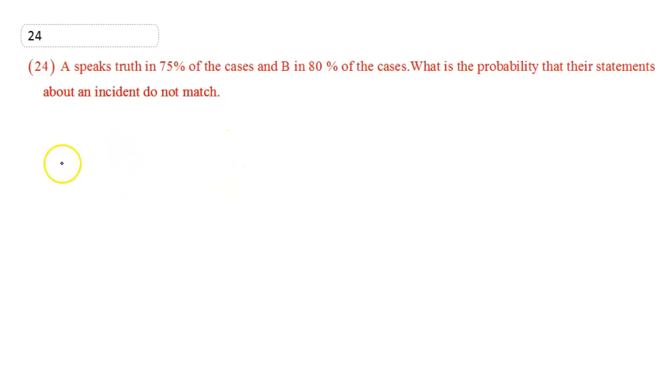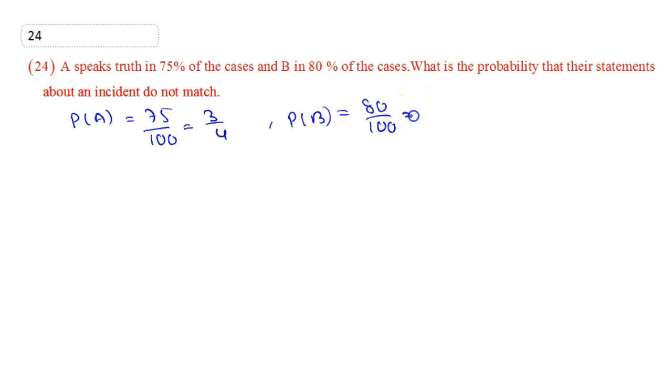So this can be taken as P of A is equal to 75 by 100, which is equal to 3 by 4. Next, P of B is equal to 80 by 100. So that is equal to 4 by 5.